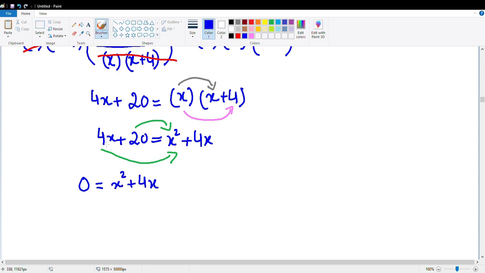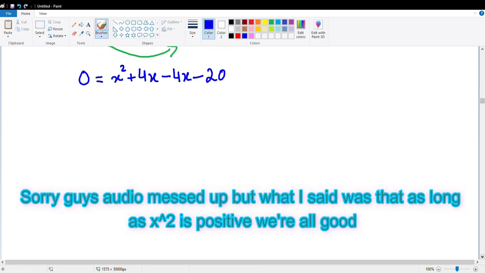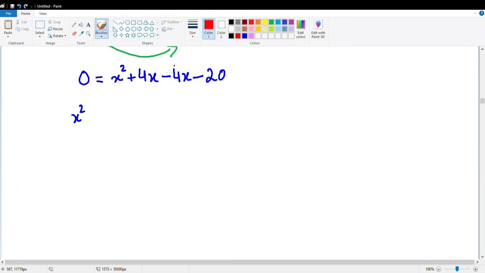And then 4x, when it goes to the other side, its sign will change, so it'll become minus 4x. And then plus 20, it's positive right now, so when it goes to the other side, it's going to be negative, minus 20. And again, we can write the 0 on any side, it doesn't really matter, because when you add them up, they cross out, you get 0.